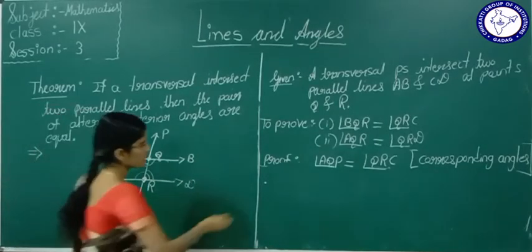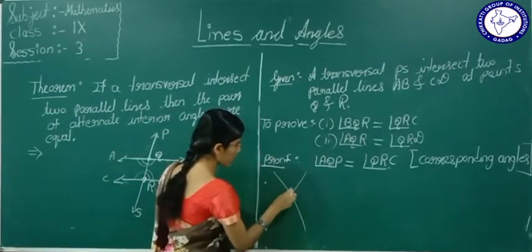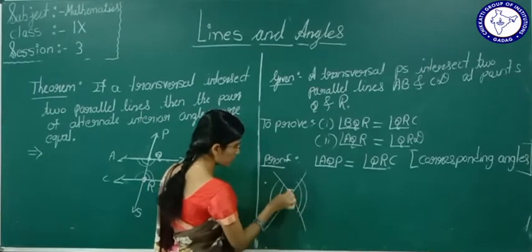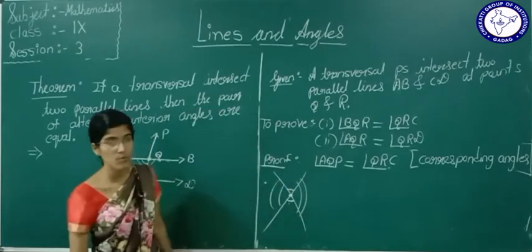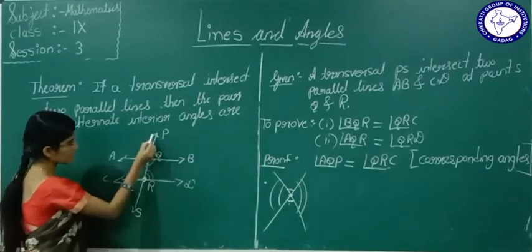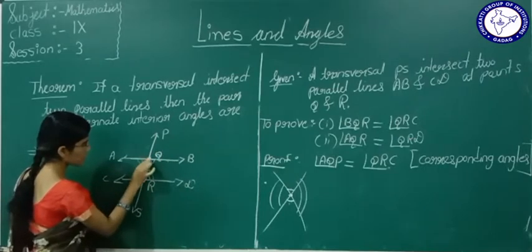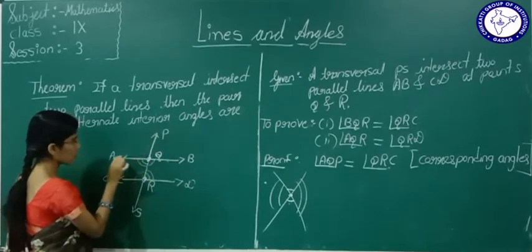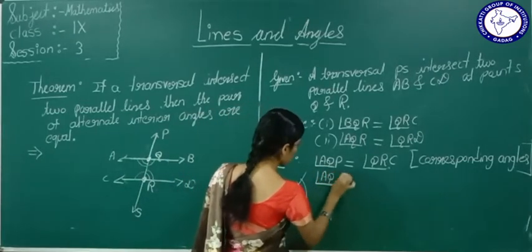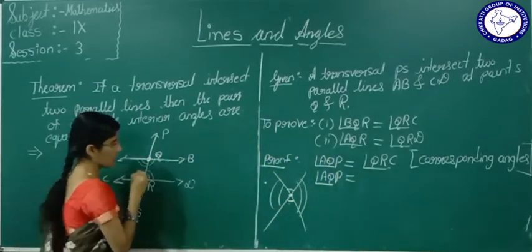Now see here, we know that when two lines intersect at a point, then the angles formed at the point of intersection, which we call vertically opposite angles, are equal. Here this line and this line are intersecting at point Q. Angle PQA, or AQP, is equal to angle BQR.